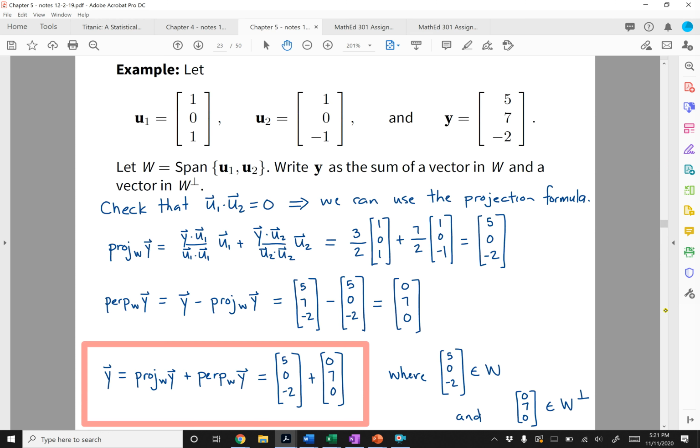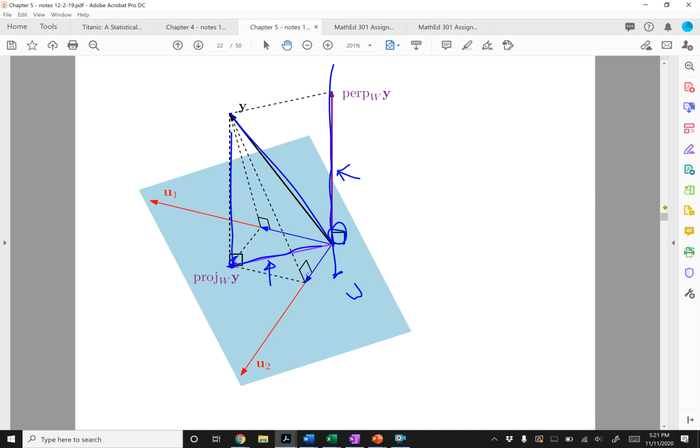So just using the projection formulas, we project this onto U1, we get this, times U2, and you punch it out, and you get this. So we're adding these vectors together. You can see this purple vector down here. We're finding this piece, and then adding them together to get this vector down here.